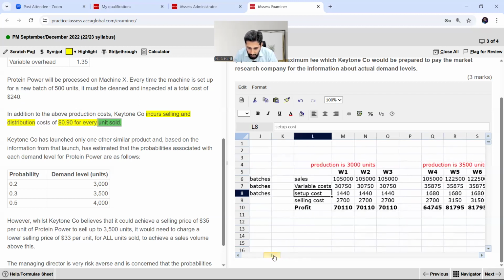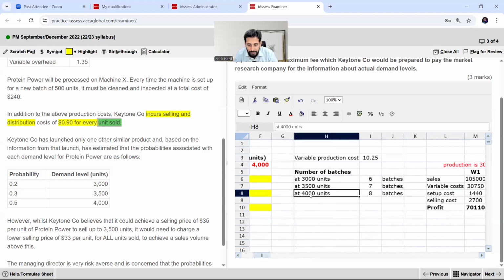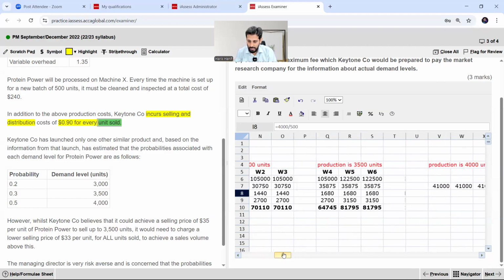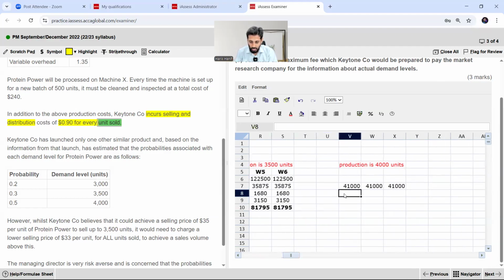Please see that setup cost at 4,000 units is 8 batches, and setup cost is based on number of batches, right? So it is 8 batches multiplied by 240. It would be same.